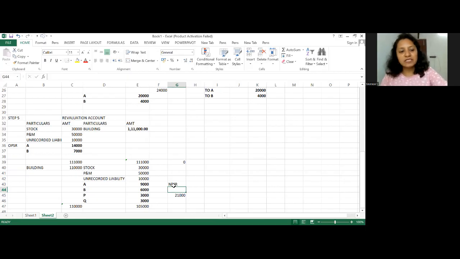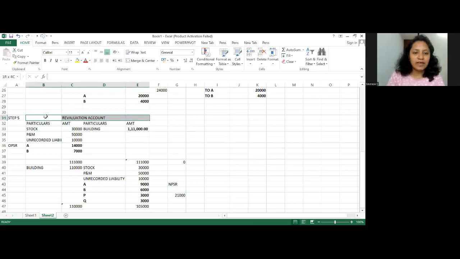The impact is that in old profit sharing ratio, A and B's account will be credited. Then in new profit sharing ratio, A, B, P, Q, all four accounts will get debited. So whatever is there in the sacrificing ratio, P and Q are contributing towards this revaluation also to A and B. Okay, so this is about revaluation account.